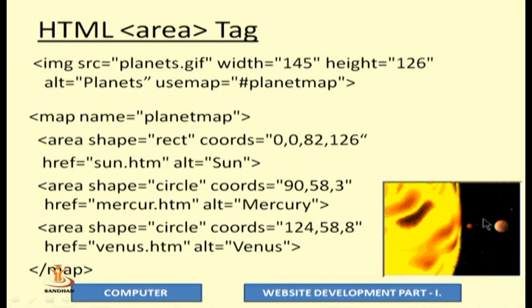I want different portions to be set with different hyperlinks. In this picture, you can see 3 different objects. The Sun is there, then Mercury is shown in a very small size and Venus is shown in a slightly larger size. Now I want 3 different hyperlinks set with this particular image. So at that time I can use the area tag.